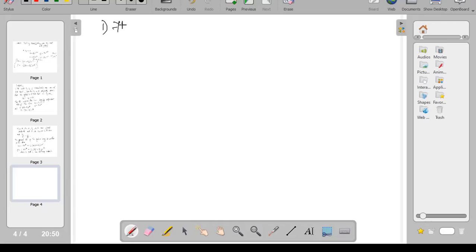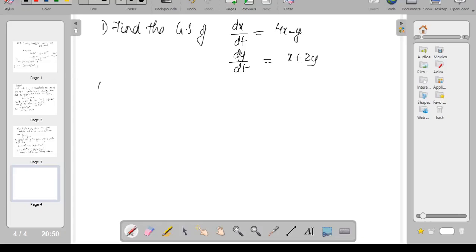So let us find the general solution of dx by dt equal to 4x minus y and dy by dt is equal to x plus 2y. So we will start with x equal to a e raised to lambda t and y equal to b e raised to lambda t.